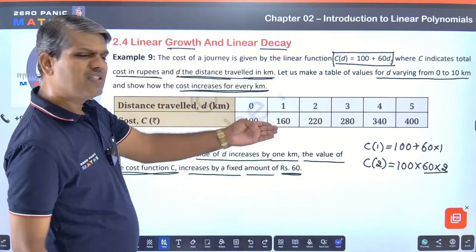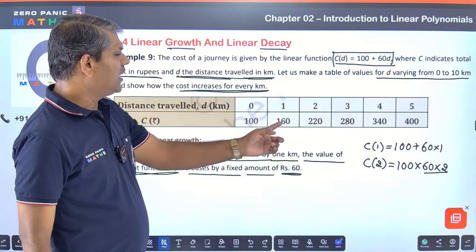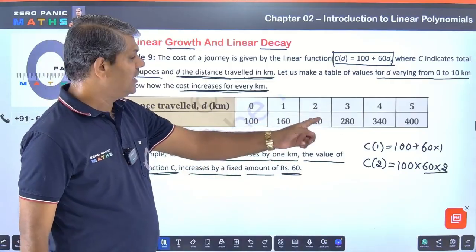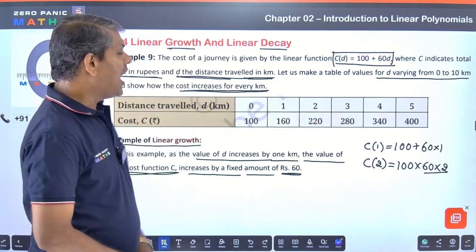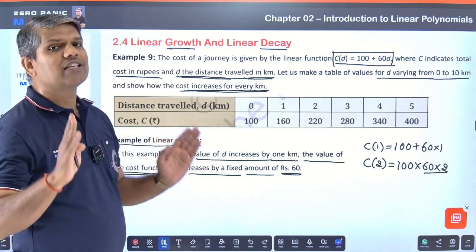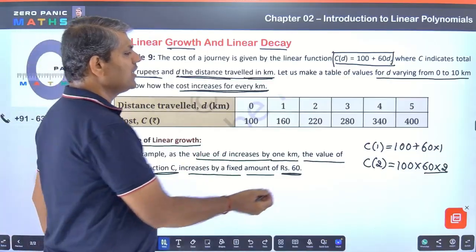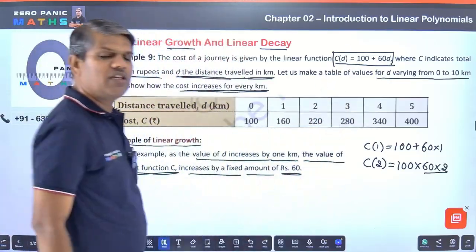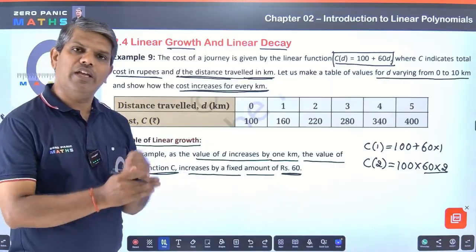It's a simple example. You can see that the difference in each of these consecutive values is only 60 rupees. Of course it is based on this equation, and only 60 rupees is going to be increased.